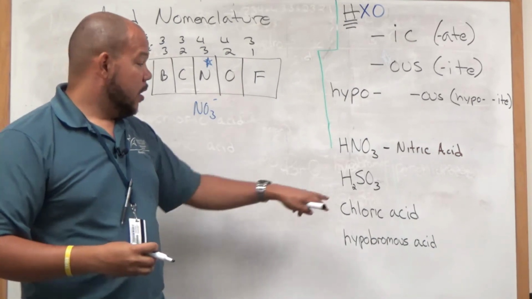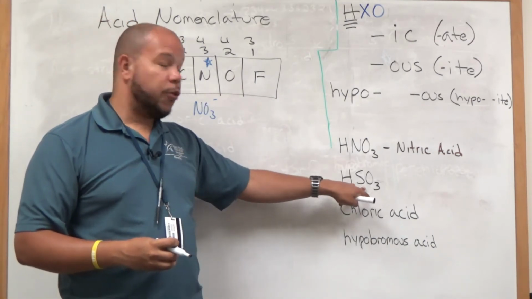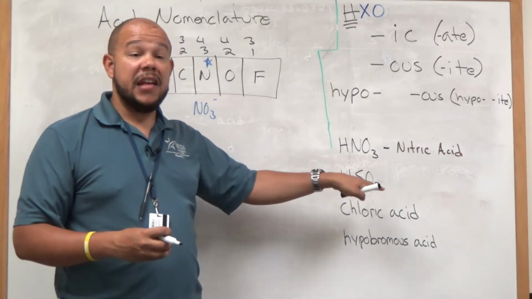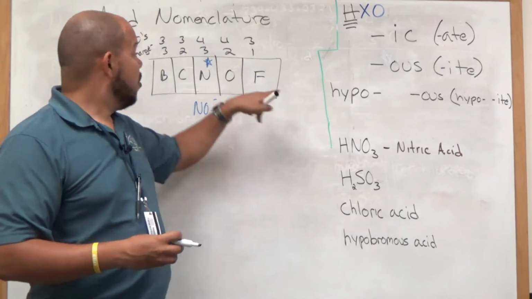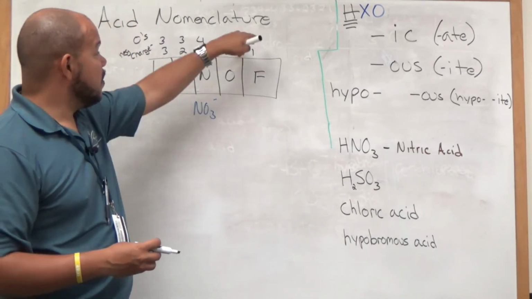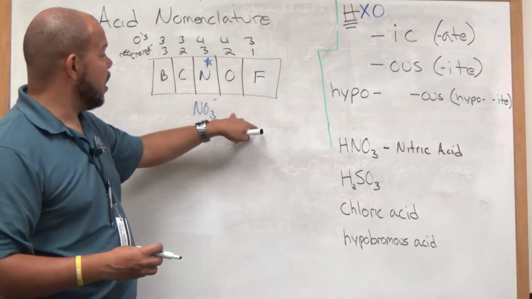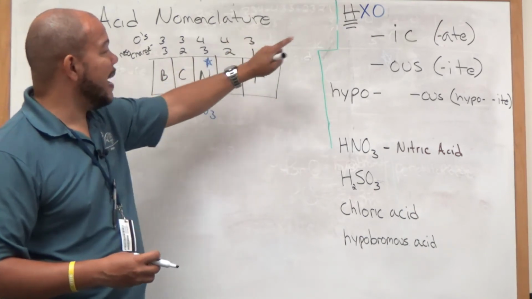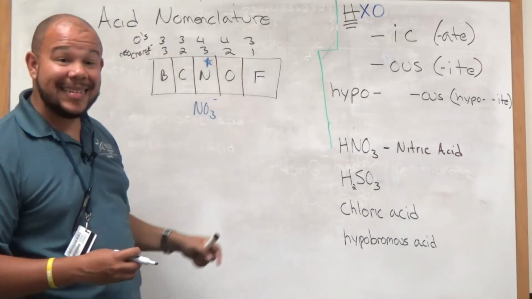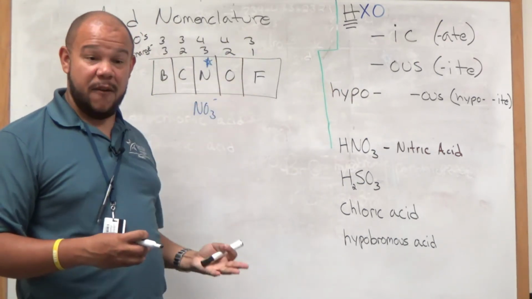Okay. Another formula. Here we have SO3 with H2 in front. So we got SO3 2 minus. Remember, sulfur is underneath oxygen. It's in group 6. SO4 2 minus is the ate form. So SO3 2 minus is the ite form.